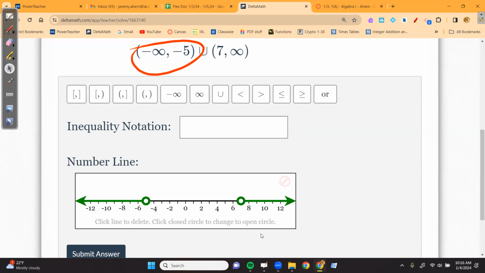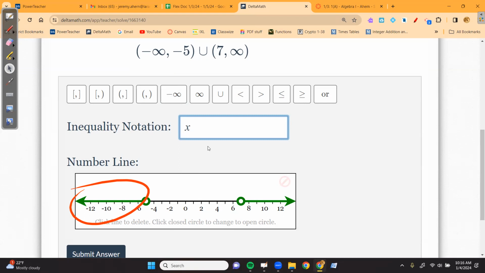I always love to get the graph. It helps me so much to see a picture. And now I need the inequality notation. So here it goes. When you do these inequality notations, it's really easy. You actually just write one and then write the other. So like this one that I just circled in red down here, what is that going to say? As an inequality, what would it say? Keep it simple.